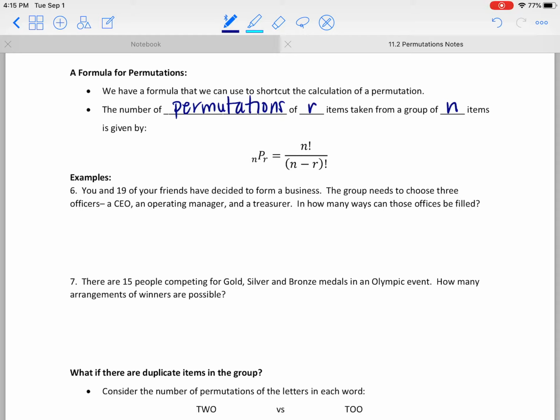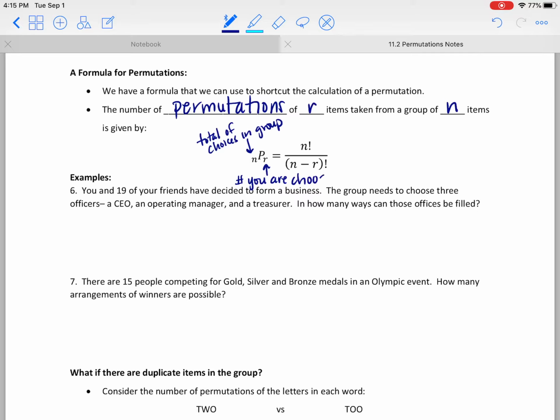So this is notation for permutations. Okay, when you're reading this, N is the total number of choices in the group, the number of things you have to choose from. And then R is how many you're actually choosing.